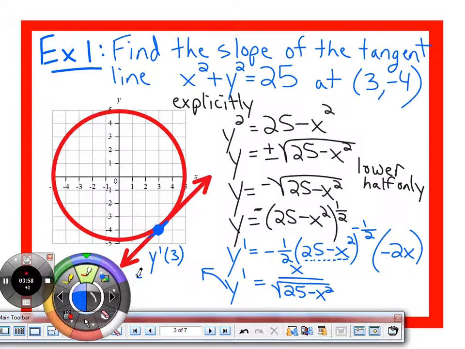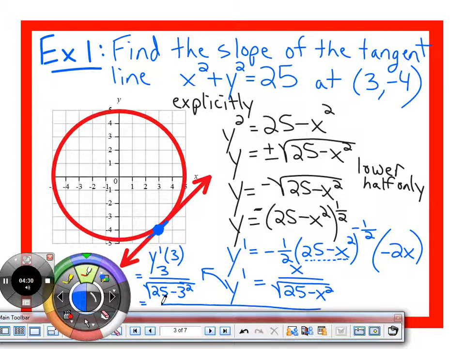Sorry, it's a little messy. I would say 3, because I'm plugging into the top. It would be 3 over the square root of 25 minus 3 squared. So the final answer is 3 over, you can see 25 minus 9, so 3 over the square root of 16, so the answer would be 3/4.